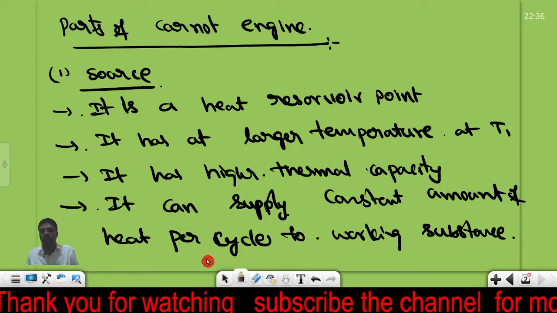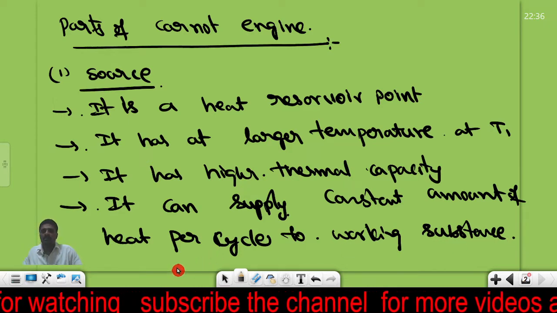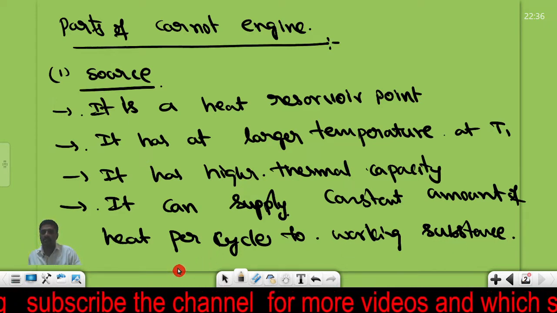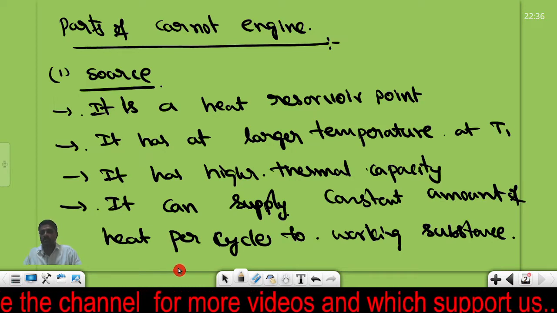That is very important. So it can supply a constant amount of heat per cycle to the working substance. That is named the source.